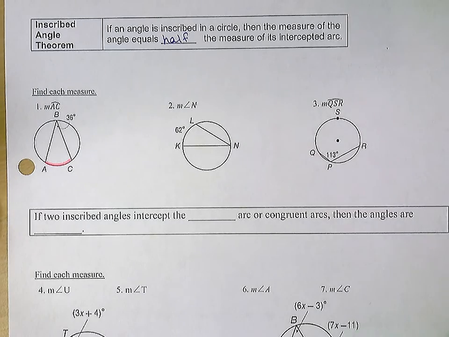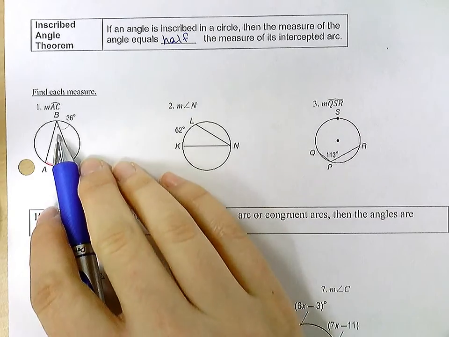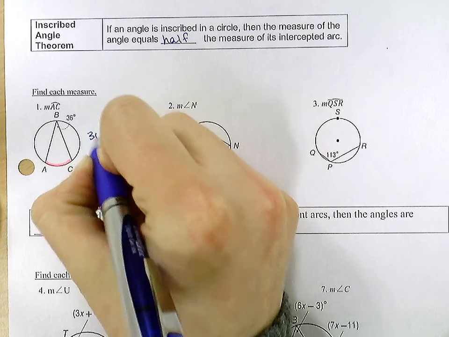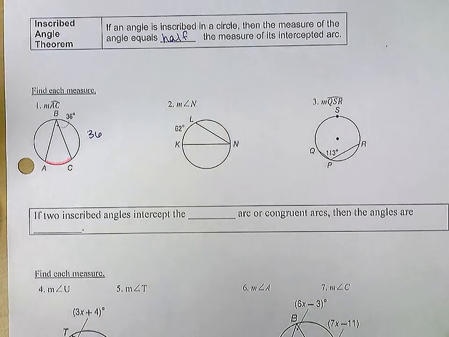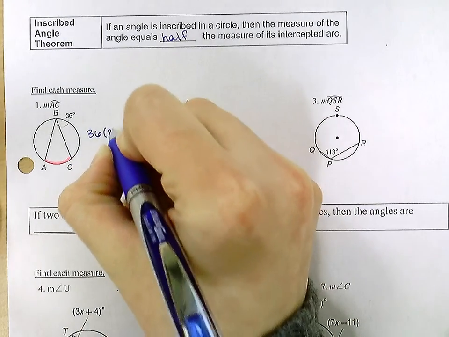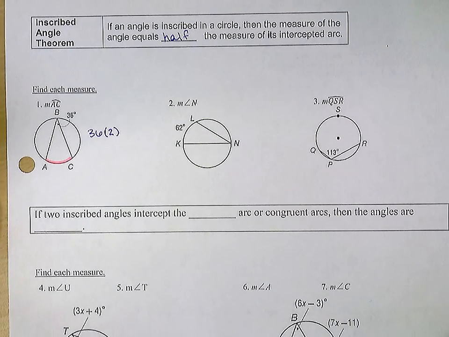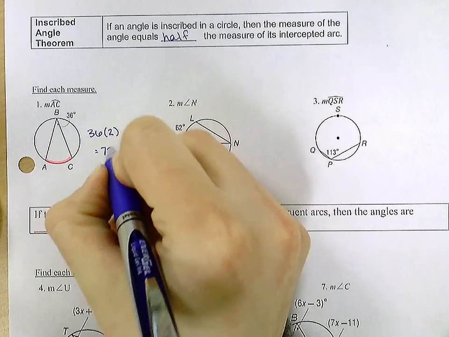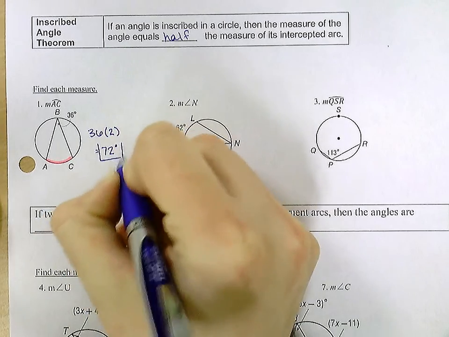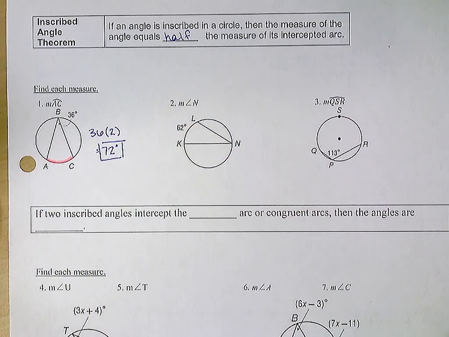So all I have to do to find that arc is take my inscribed angle measure, which is 36, and multiply it by 2 to get that intercepted arc is 72 degrees. So if you're given that inscribed angle, multiply it by 2 to get its intercepted arc.